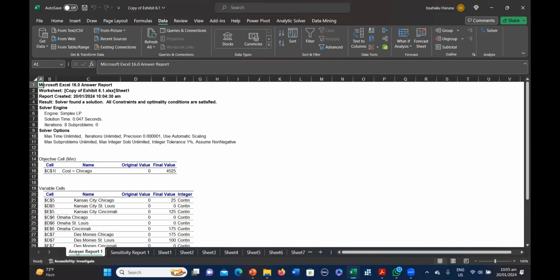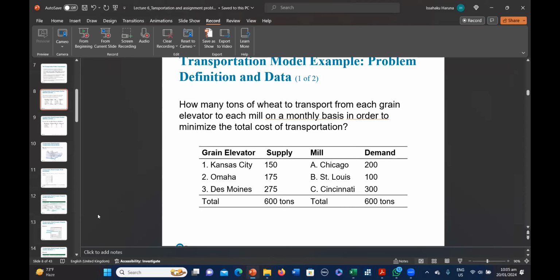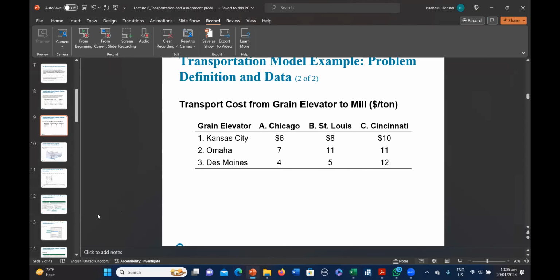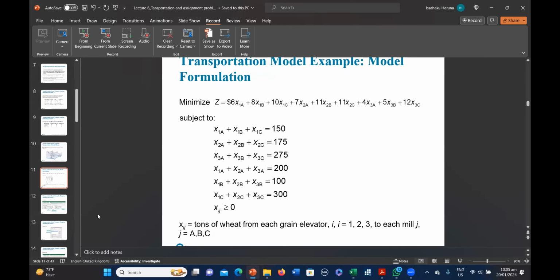And then not only the report, because I have to let you understand what the demands are. So for instance, if I give you a problem like this, and I ask you to set up the objective function, you should be able to set it up this way. If I ask you to set up the constraints, the supply constraint, you should be able to set it up, because this one you don't need a computer.